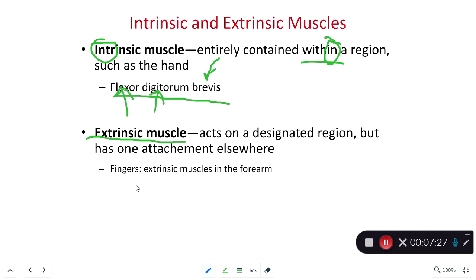Another good example of an extrinsic muscle that's with the main body in one area and an attachment point somewhere else is the gastrocnemius. It's primarily housed within the calf of our body, but it's going to cause the foot to move, to plantar flex.